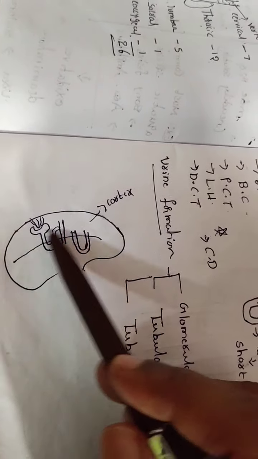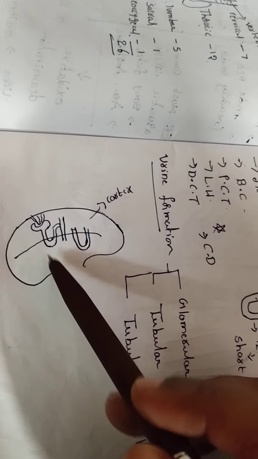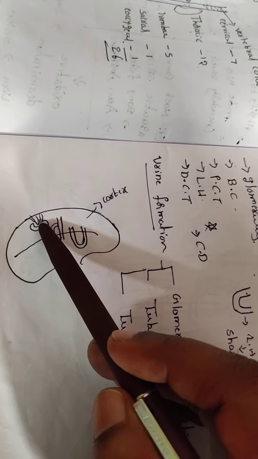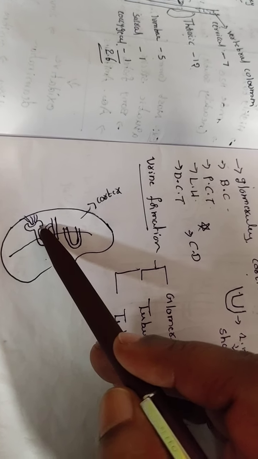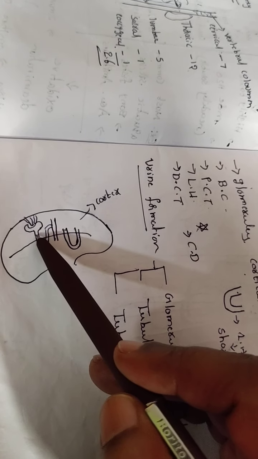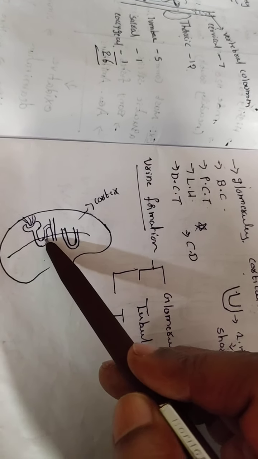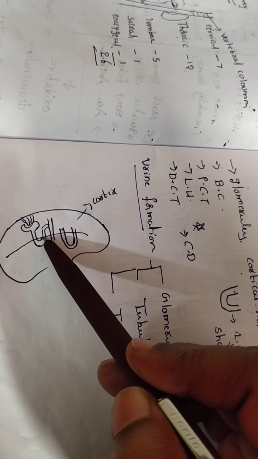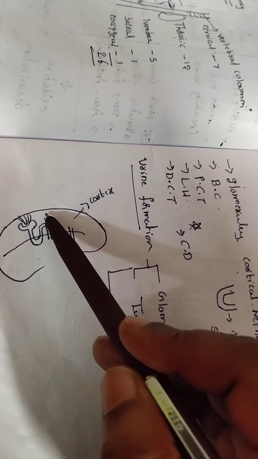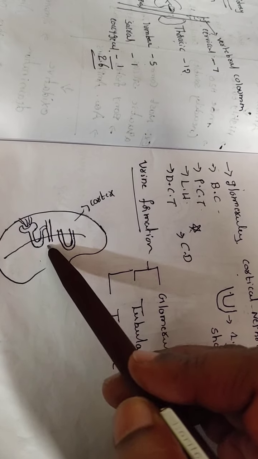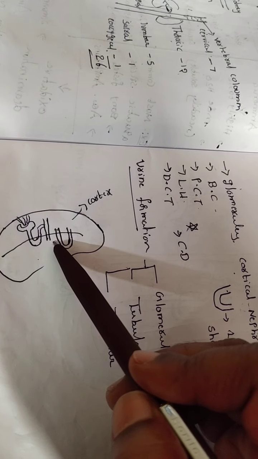Now this part is the cortex and this part is the medulla. This is the glomerulus, this is the Bowman's capsule, this is the PCT, this is the loop of Henle, and this is the DCT. This is a straight collecting duct.